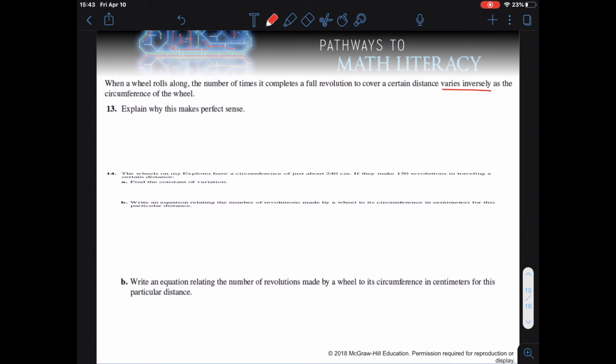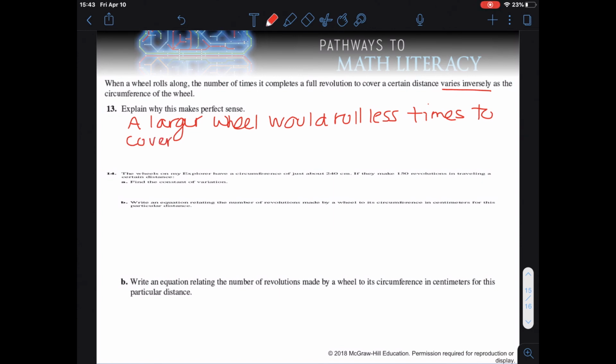So when it rolls once, it's going to cover more distance in that time. So a larger wheel would roll less times to cover the same distance of a smaller wheel.